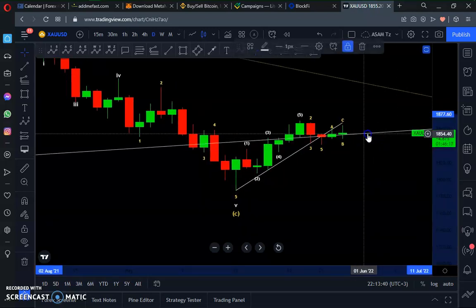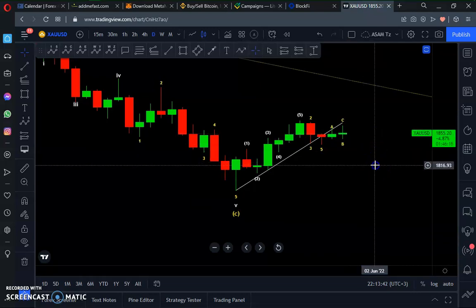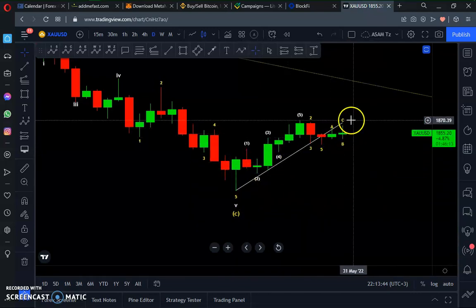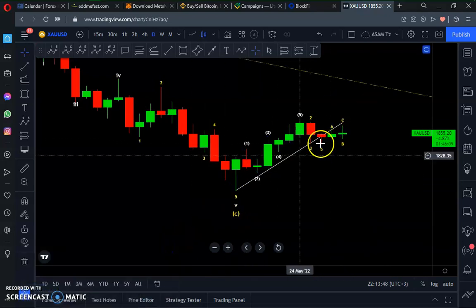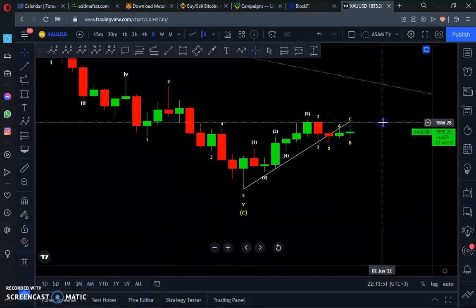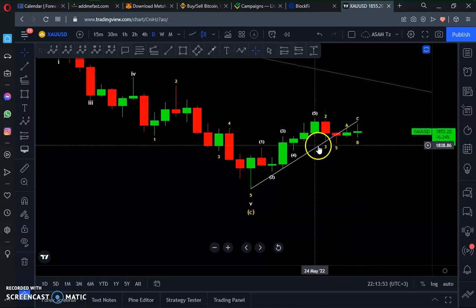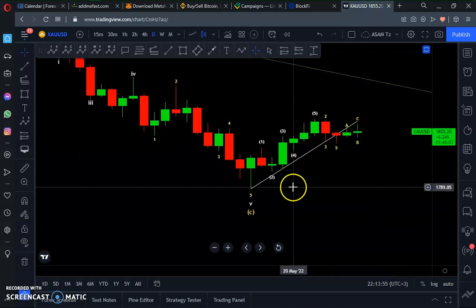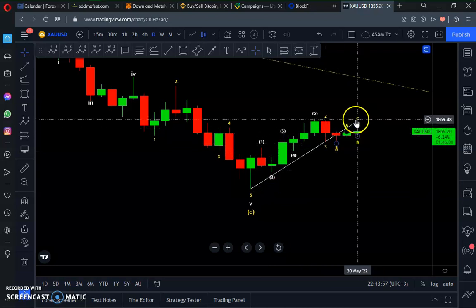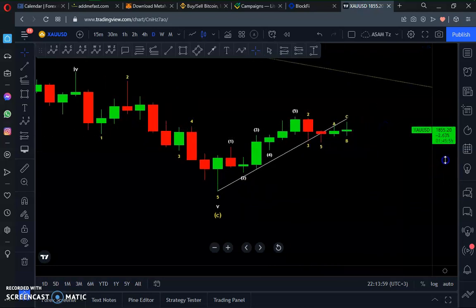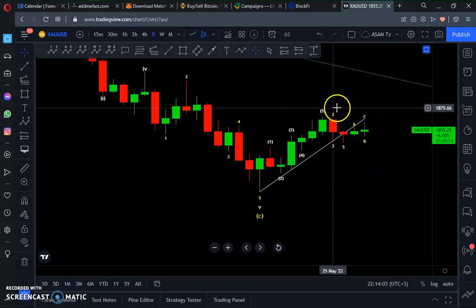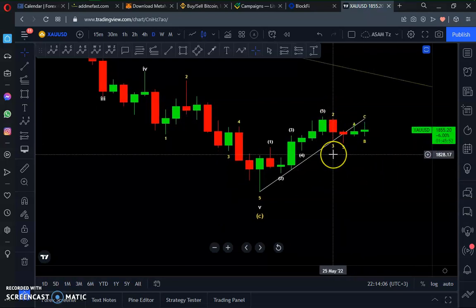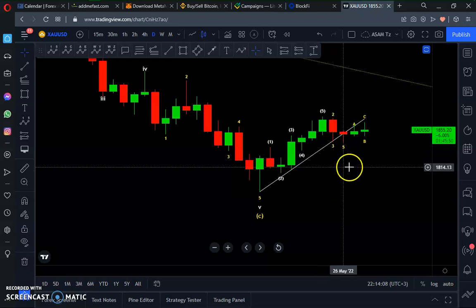Also, we still have this trend line that is still operating, because price has not yet moved over it. It is still under this trend line. This also shows that price is looking for a very powerful fall in completion of this correction that has already begun since 25th of May.